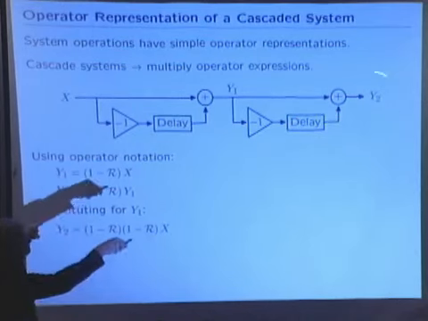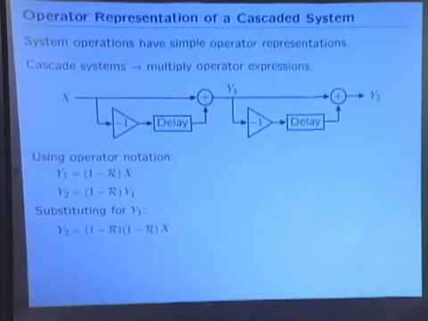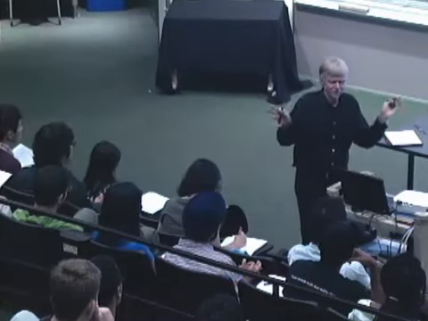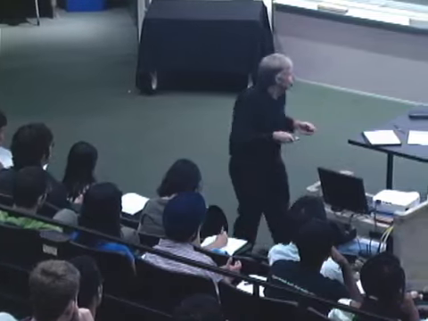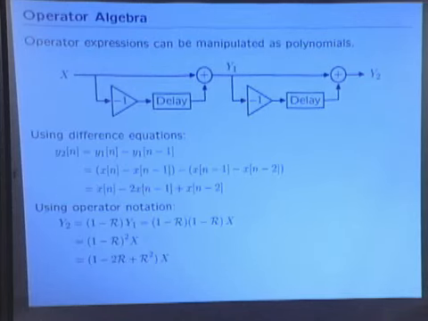Then a very similar system operates on y1 to give me y2. And if the rules of math apply, I ought to be able to substitute 1 minus Rx for y1 and get that expression. And if the world were nice, and it is, then this expression, since it looks like a polynomial in R, might behave like a polynomial in R. And it's pretty easy to convince yourself that that's in fact true.